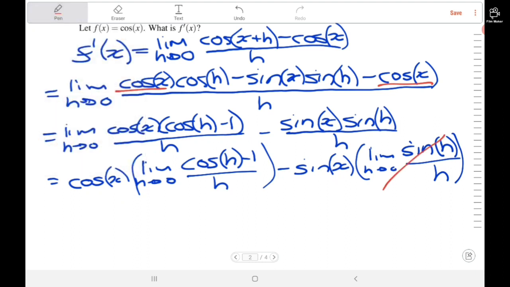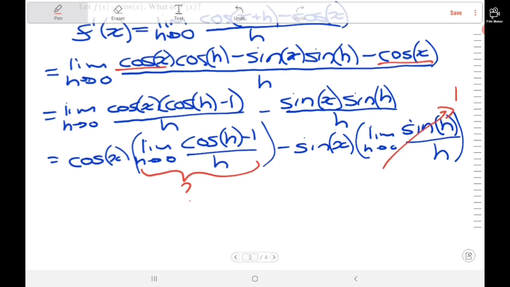Now, this limit, we hopefully know well, goes to 1. The question is, what happens with the limit as h goes to 0 of cosine of h minus 1 over h? And that's probably not one that you've necessarily seen before.